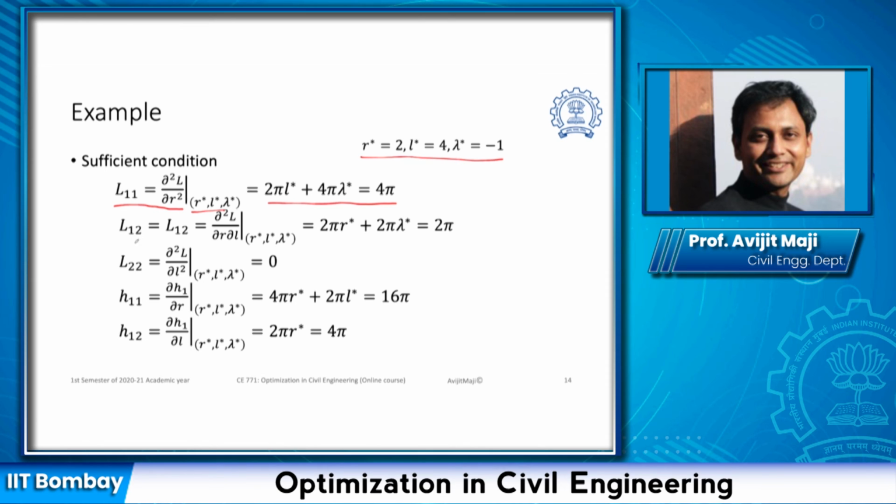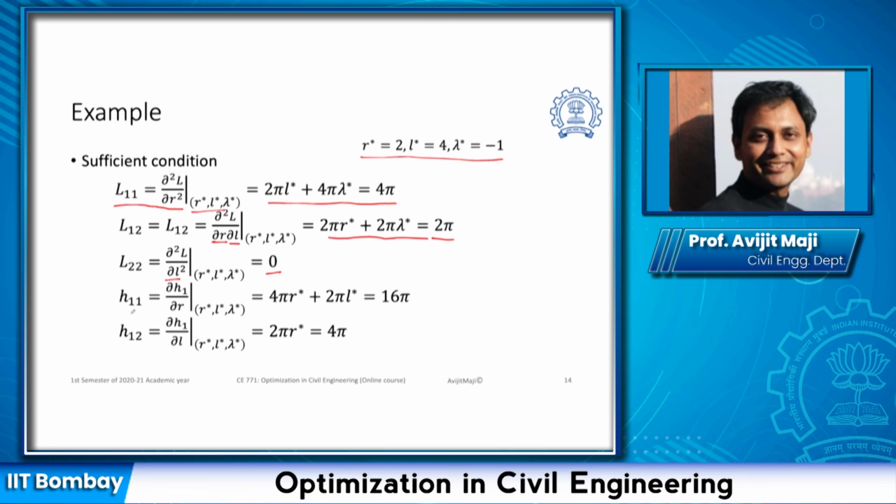The second one is the partial derivative of the Lagrange function with respect to first the radius, then the length, and once we substitute the extreme variable values, we get 2 pi. The third one is the partial derivative with respect to length twice, which gives us 0.